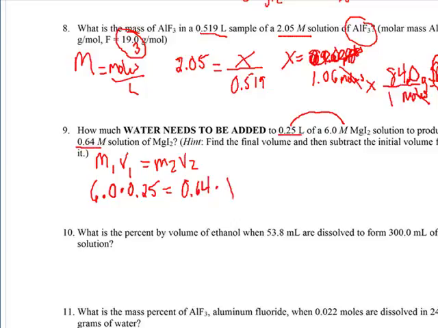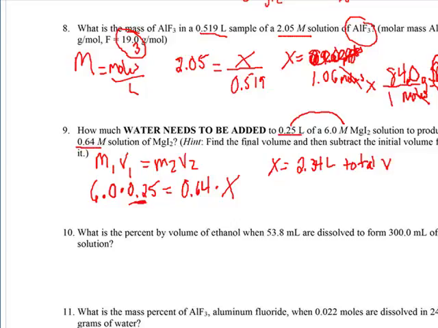I just don't know what my new volume is going to be. But I know I want to dilute this much enough to get it to have a new molarity of 0.64. So I solve for x using basic algebra, and I'm going to come out with 2.34 liters. Okay, that's going to be my total volume. That's my new total volume.